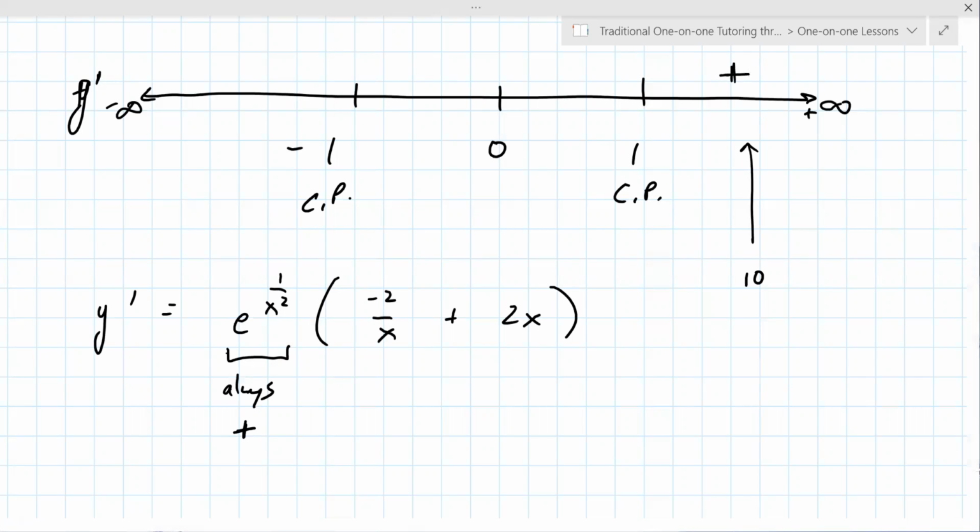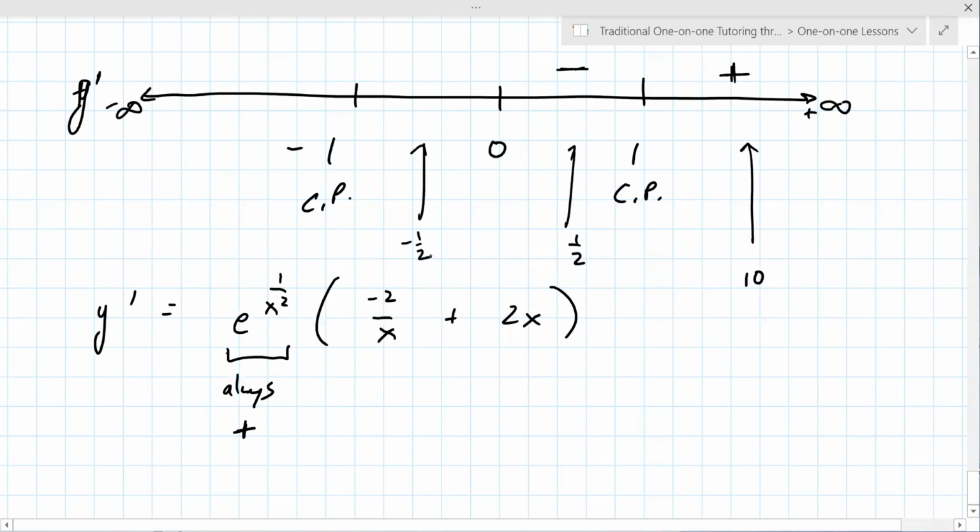Yeah. Okay. And then this is where it gets a little harder. So we got to test like 1/2, right? The E is always positive, so you don't have to worry about that. Minus 2 over 1/2 is -4. Plus 1 is -3. It is negative. Negative times a positive is negative. Okay. So now let's try -1/2.